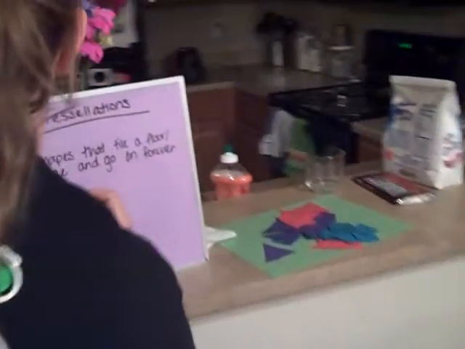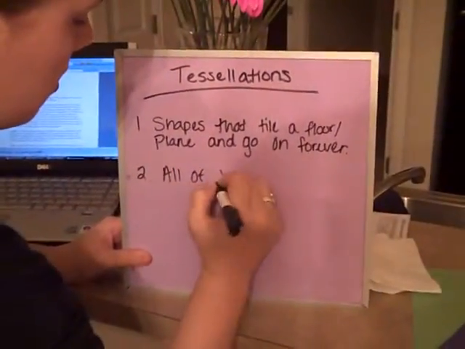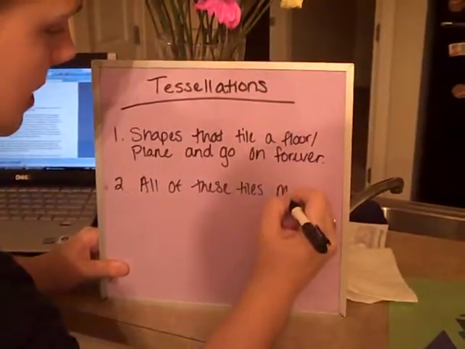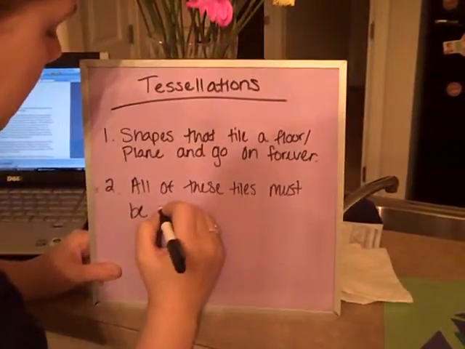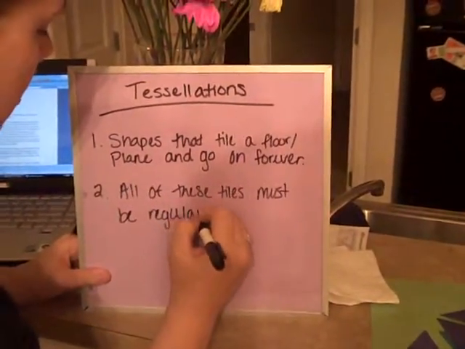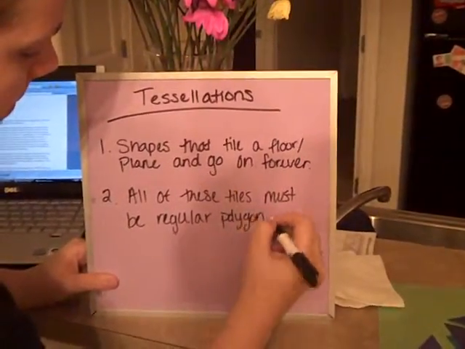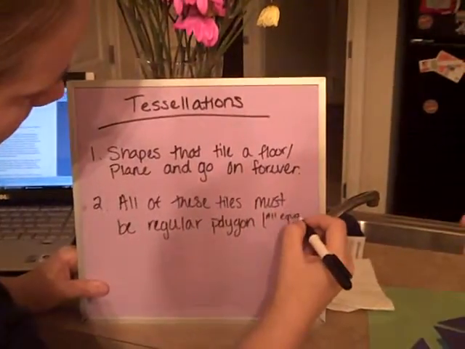Number 2. All of these tiles must be regular polygons. And what's a regular polygon? I think you said it has all the sides are equal and all the angles are equal too? Good job.